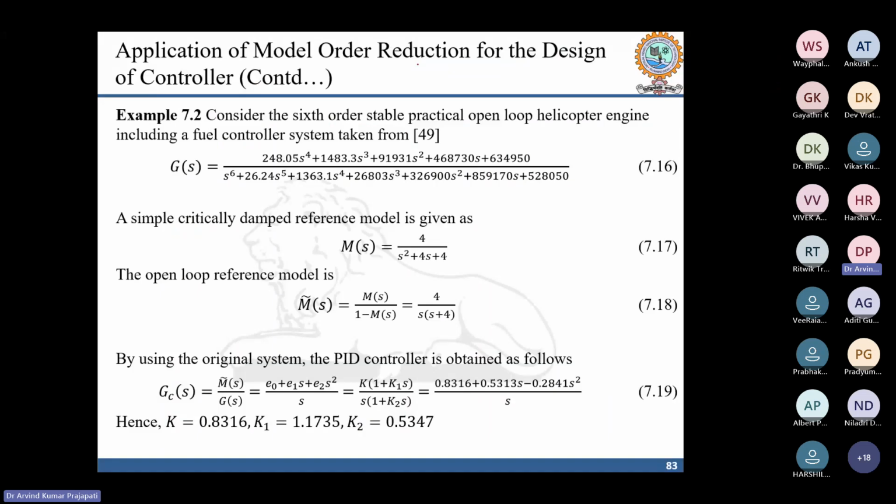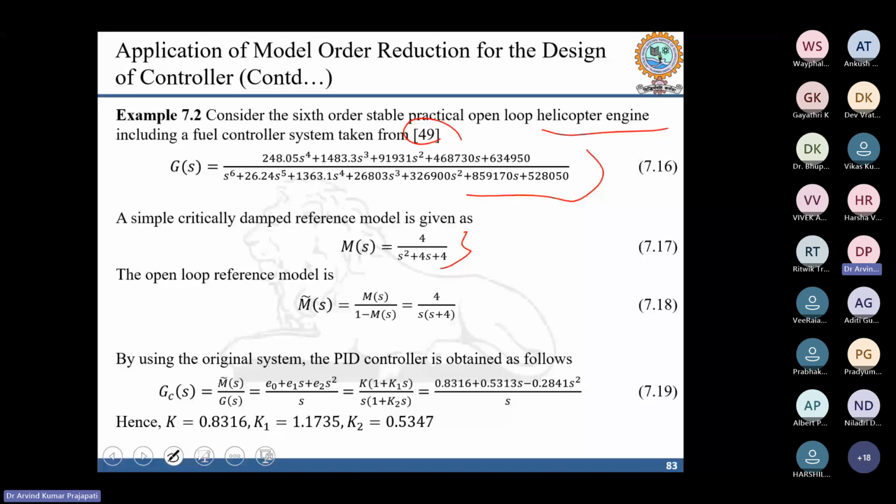Here I have designed the controller for a helicopter engine, whose transfer function is given here. This transfer function is taken from reference number 49, in which the mathematical modeling is done for the helicopter engine. I directly took the transfer function from there, and it also mentions what the reference model should be, constructed by using some desired parameters data.